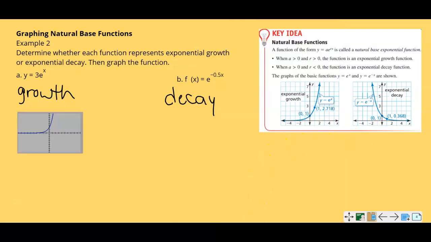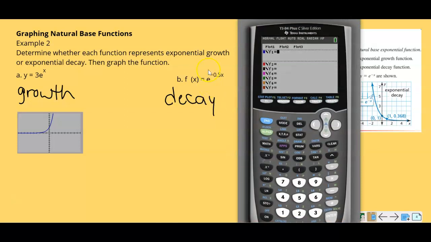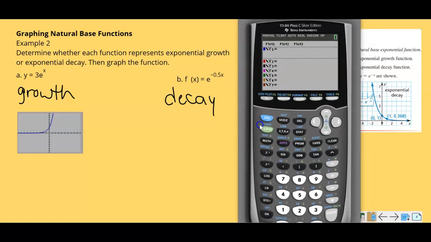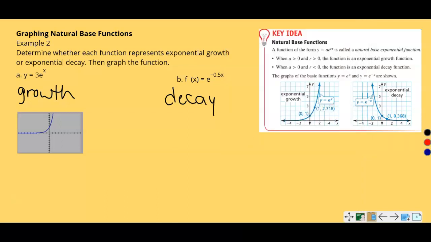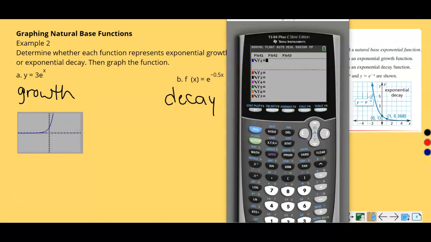All right, so let's graph B part the same way. So there's no a value, so it's assumed to be 1. So we can just do second divide, which gives us our E button, and then we're going to raise that.